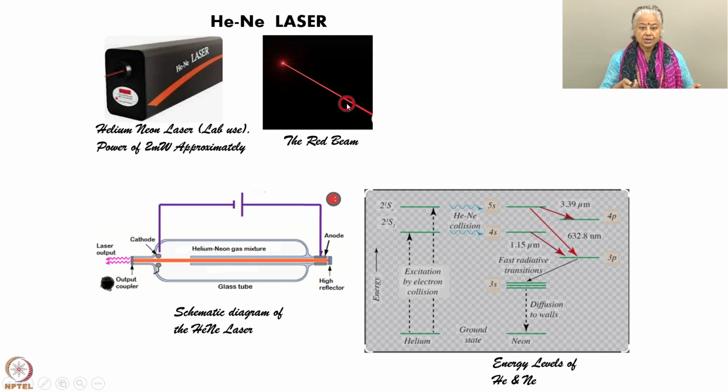It is straight and non-divergent, which is a property of all lasers, very low divergence, and it moves in a straight line. So it is very good for alignment in a laboratory. Though helium neon lasers are also used in holography and many other applications, which I will probably talk about much later.